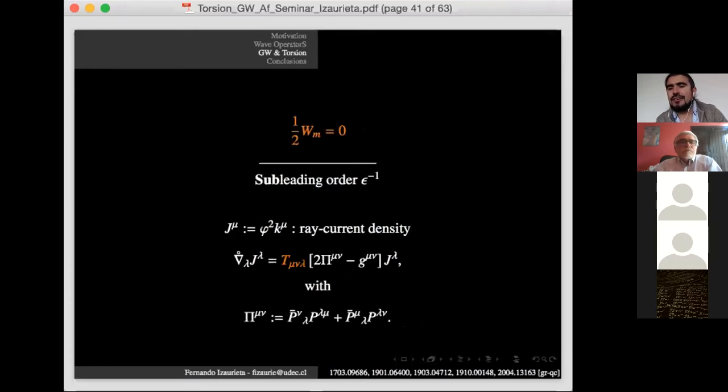And we find another weird effect, and it is that the current density, which is saying how the amplitude propagates, also does not conserve, and it satisfies that. It means that torsion actually amplifies or dampens the gravitational wave along its path.